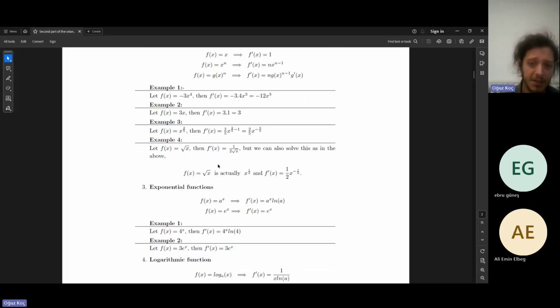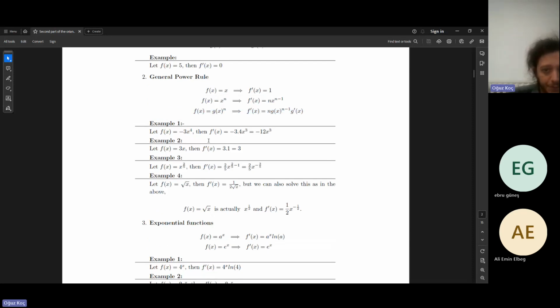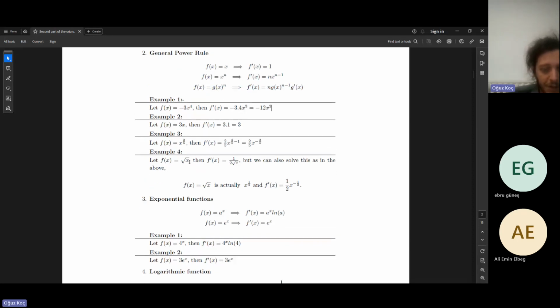And then we have the last example for the above examples. It is for the second rule. We have a function here, which is a root function. It can simply be written as 1/2 times the square root of x. There's a formula for this, but we can also calculate it as a power of the variable.